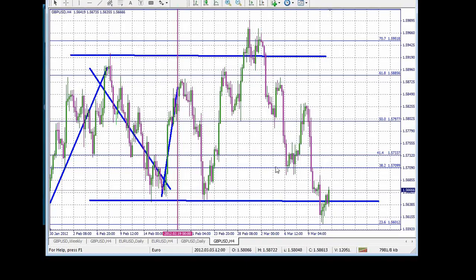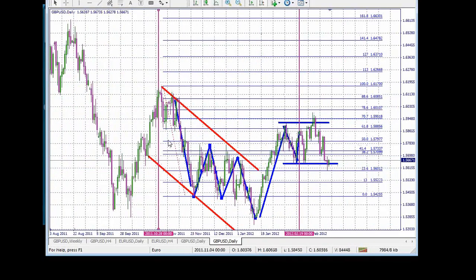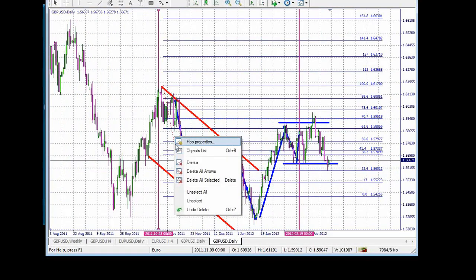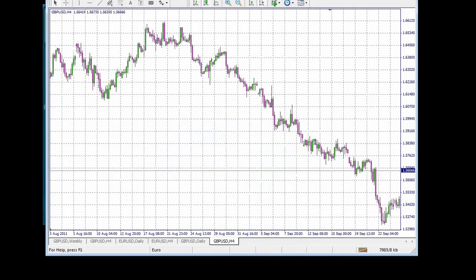How we can measure those things in one ranging market? We can use Fibonacci extension. I will take off that one.